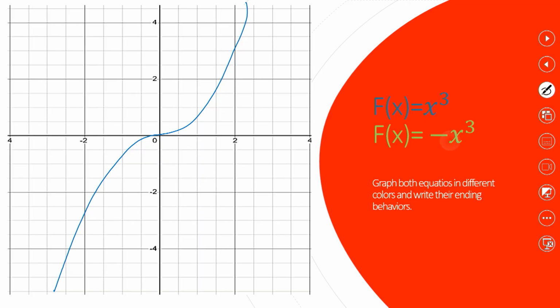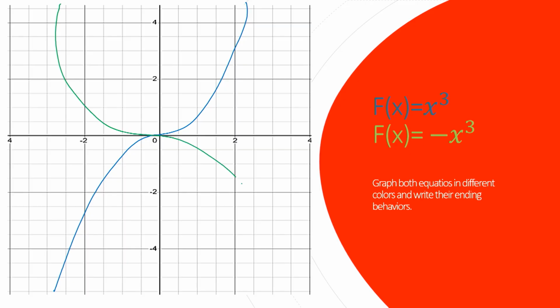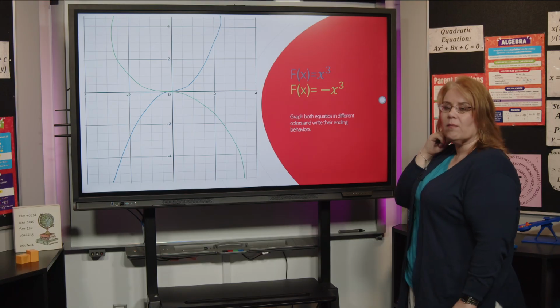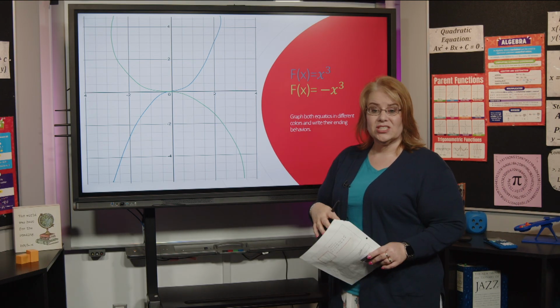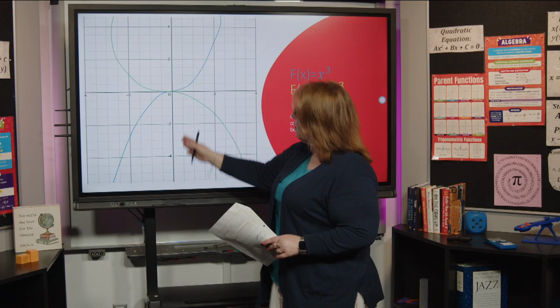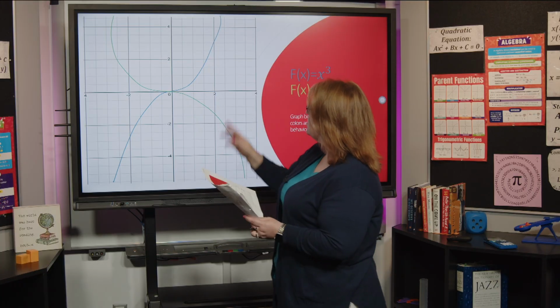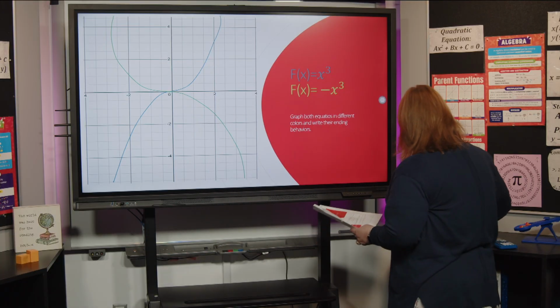So then I've got my reflection, which is, there we go. So we've graphed them. And when we look at these, I have a reflection over my origin. Okay? So I just reflected. Good job.